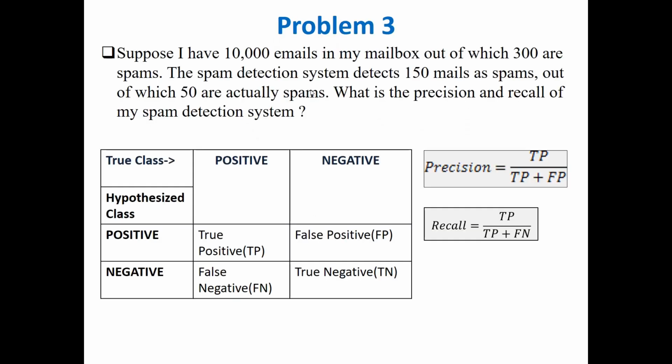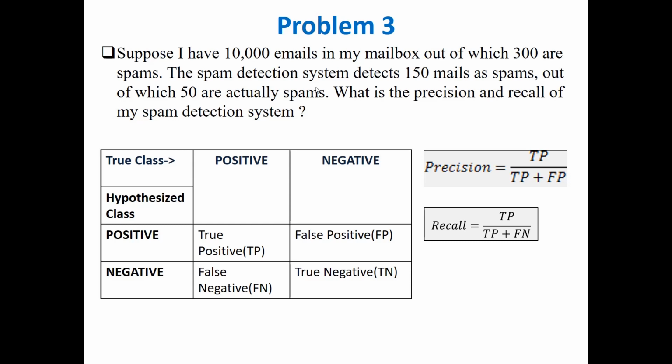Now next problem. This problem is based on the performance evaluation parameters which are used for the evaluation of machine learning algorithms. We have seen that if it is a regression problem, then we use mean squared error as a performance evaluation parameter.